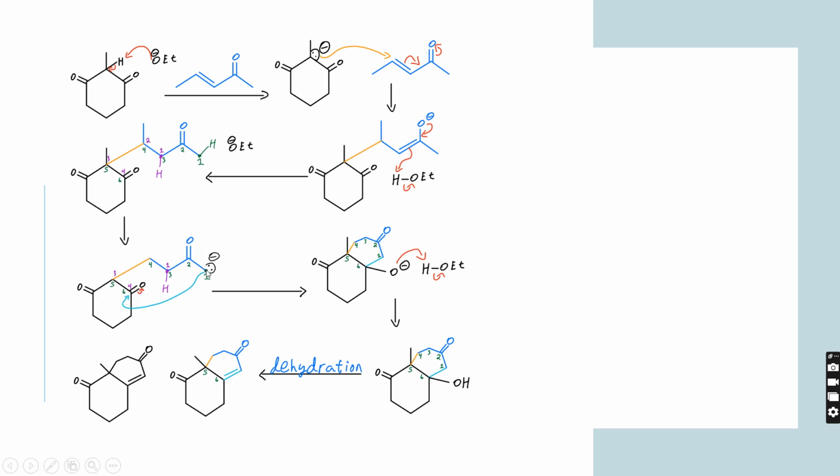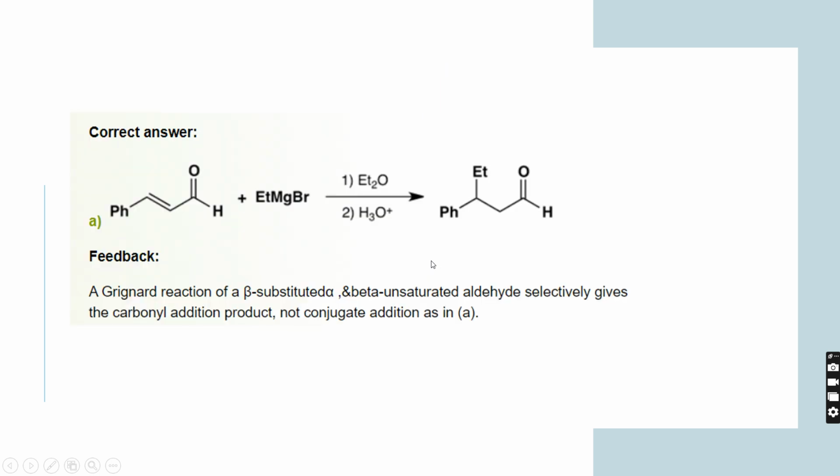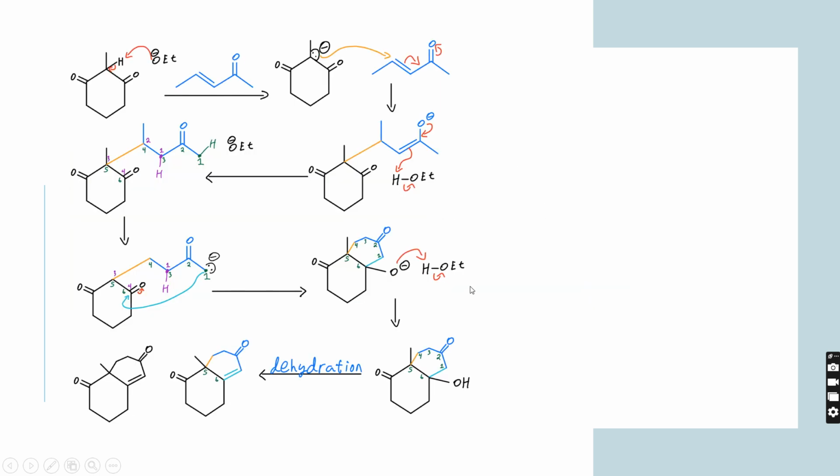So after the attack at this carbonyl carbon, we are cyclizing this second fragment and we are getting the third oxyanion. This third oxyanion is again going to get protonated, which upon subsequent dehydration is going to give you the desired product, which is this product.